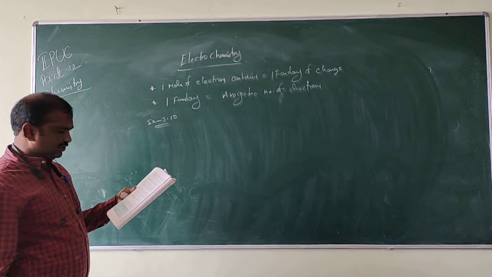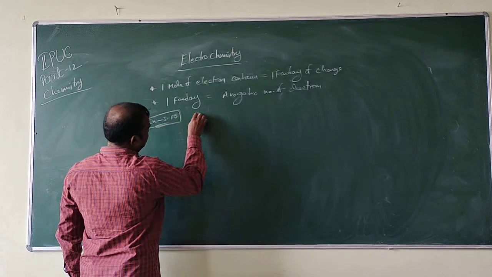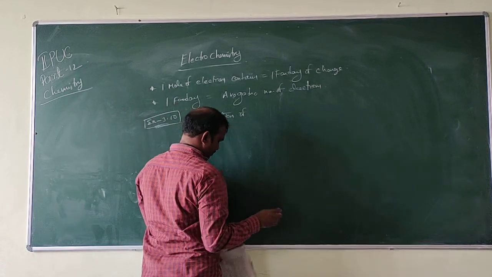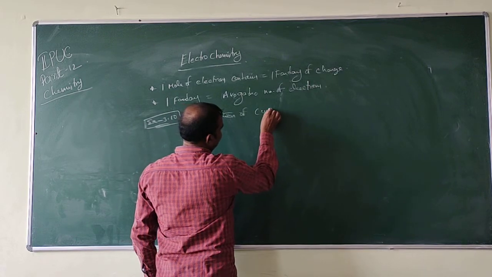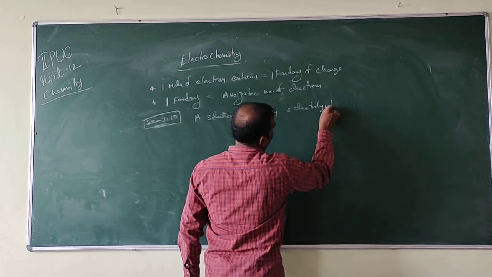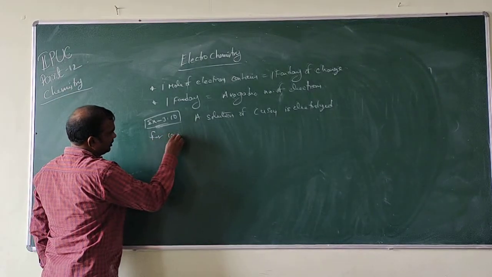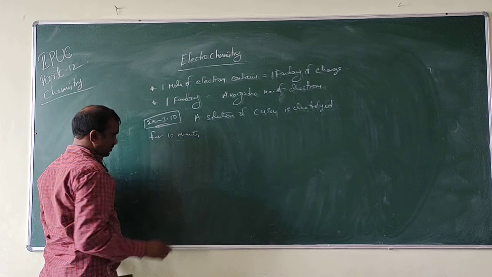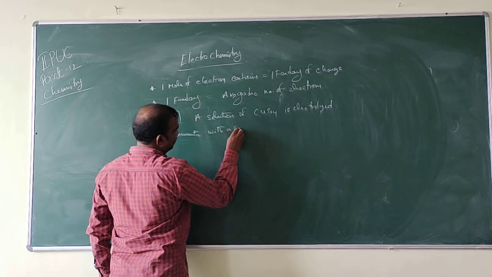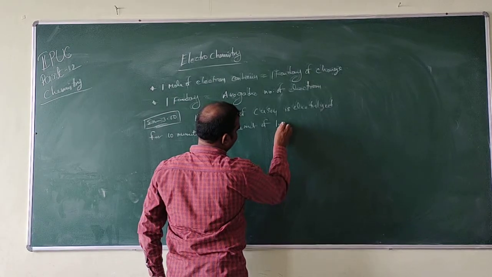A solution of CuSO4 is electrolyzed for 10 minutes with a current of 1.5 ampere.